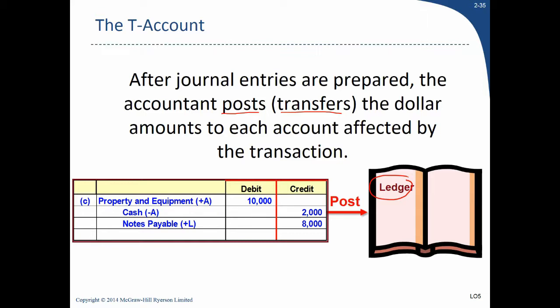It just says, cash was credited by 2,000. It tells me the change. This would be like that line item on your bank account that says you went to Yi's Sushi and paid by debit for $20. It doesn't say how much you had before you went to Yi's. It doesn't say how much you have after. Okay? So journal entries are the transactions. The ledger reflects the balances.